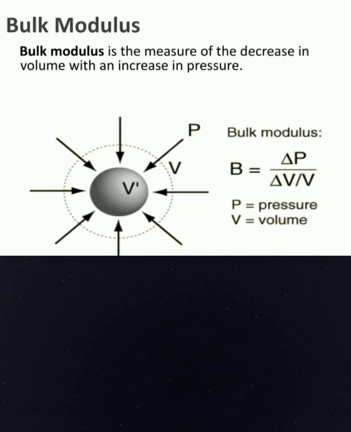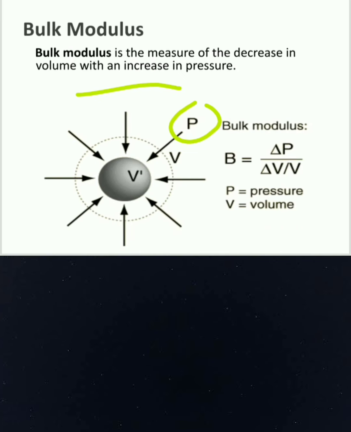Now bulk modulus. What is bulk modulus? It is simply the measure of the decrease in volume with the increase in pressure. Let us consider a water droplet. We apply a pressure P on it.